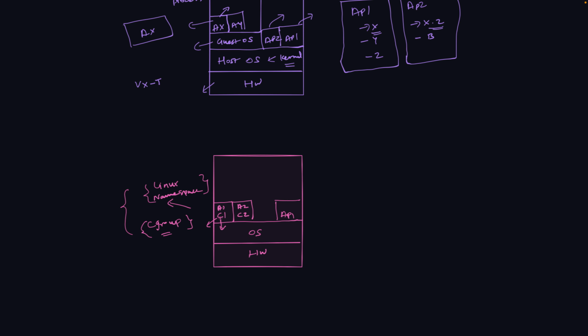And in order to make the system call work, the container has to use user space programs which are compatible with the kernel operating system. Okay, so one of the advantages of Linux based kernel is that it is always backward compatible.